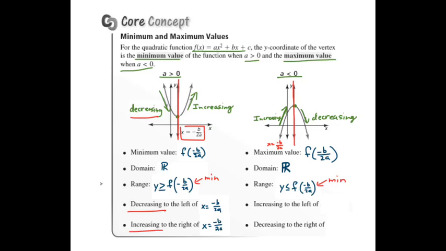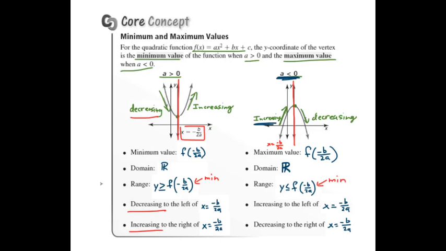Remember, your axis of symmetry is a line, so you have to write it as an equation. For the one where a is less than 0, opening downwards, on the left side it's increasing, so to the left of your axis of symmetry, and it's decreasing to the right of it.